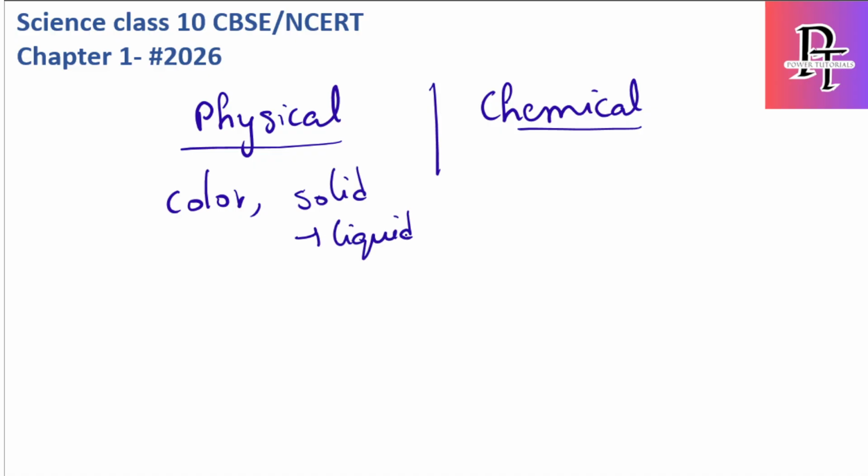If anything is changing like that, we call it a physical change, and all physical changes are reversible, whereas chemical reactions are irreversible.